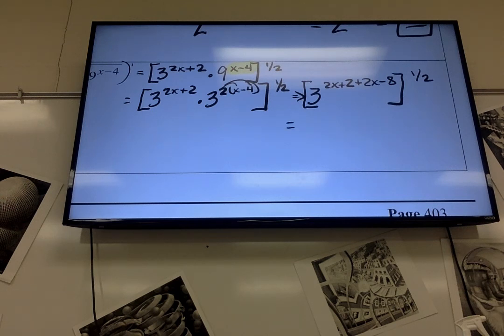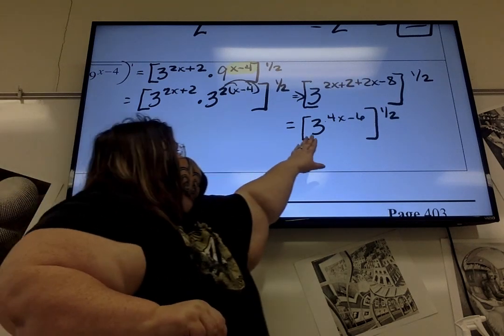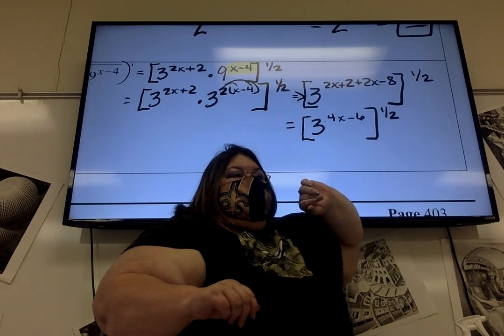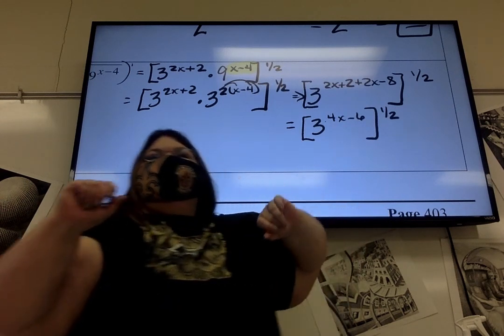When I simplify that on the inside, Hazella, what do I get? 3 to the what? 4x minus 6. Good. Now this is another rule. When you raise a power to a power, what do I do with those? Multiply.